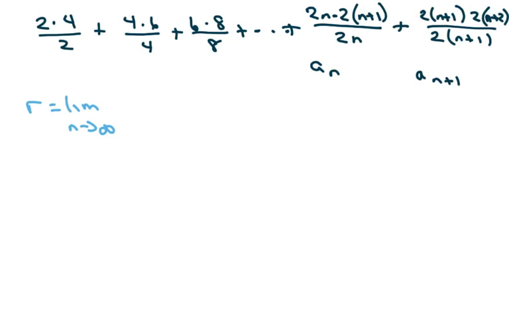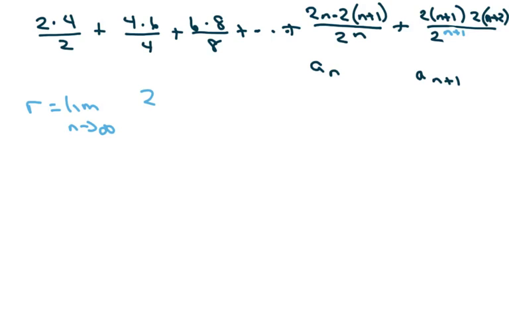And you take the previous term, which is 2 times... this should have been 2 to the nth, and I wrote this down. So this is 2 to the n plus 1.